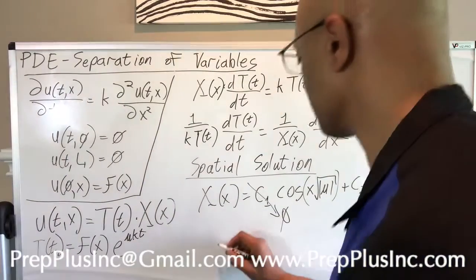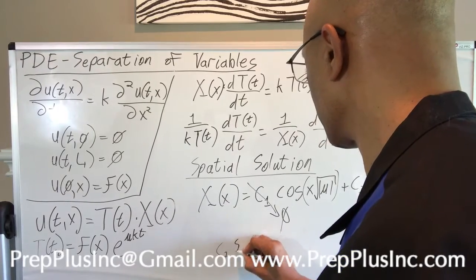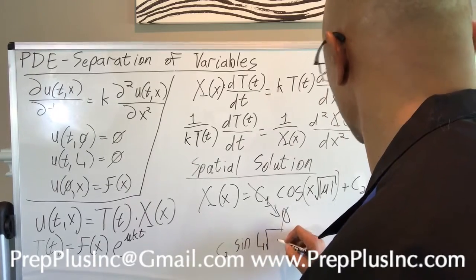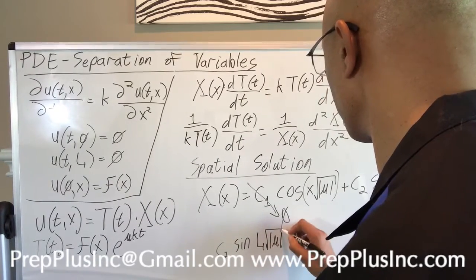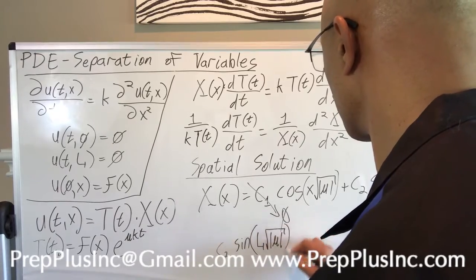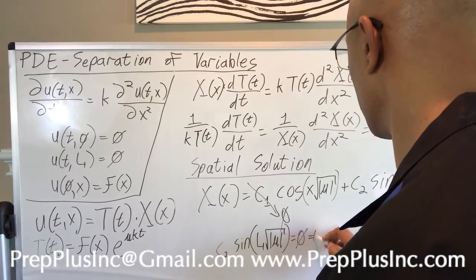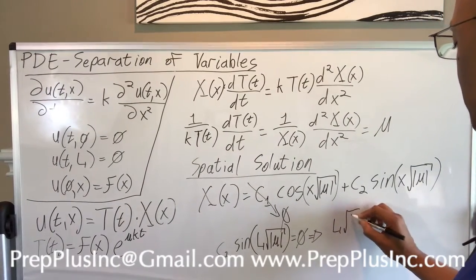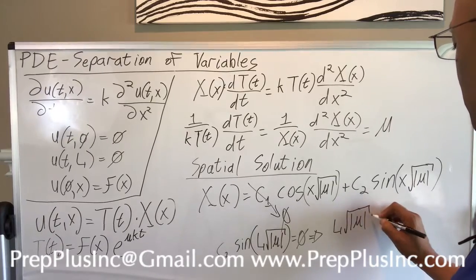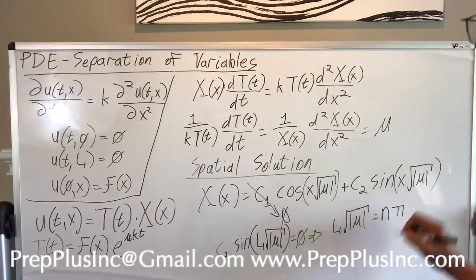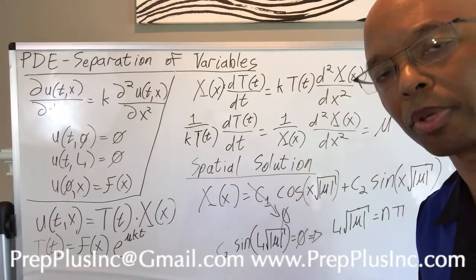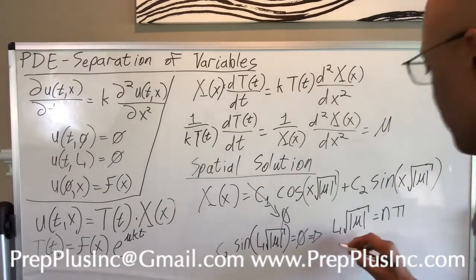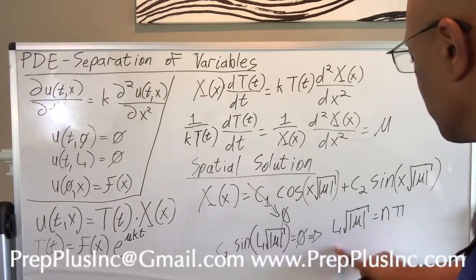So C2 sine of L square root of absolute value of mu equals 0, which means L square root of absolute value of mu is n times pi, where n is a non-negative integer 0, 1, 2, 3.